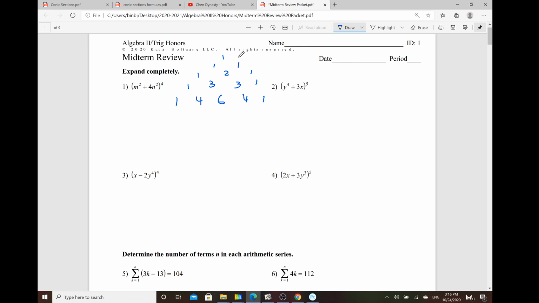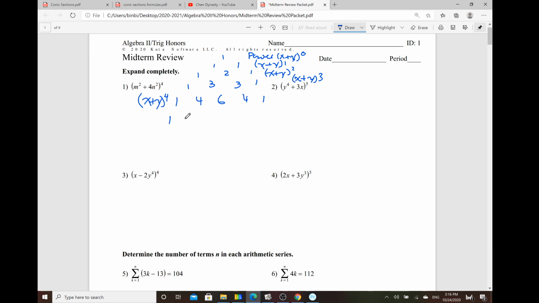The power started with a power of 0: x plus y to the power of 0, then x plus y to the power of 1, then x plus y quantity to the power of 2, then x plus y to the power of 3, and then x plus y to the power of 4.